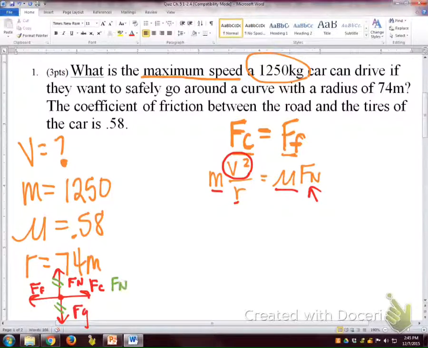Our normal force should equal our gravitational force since that car is not moving up and down at all. So the normal force we're going to solve by taking the mass times 9.8. And that gives us a normal force equal to 12,250 newtons. Okay, so now we've got every component we need to solve our problem.